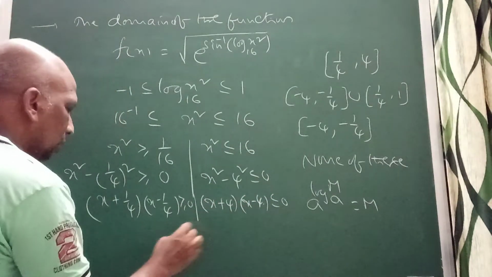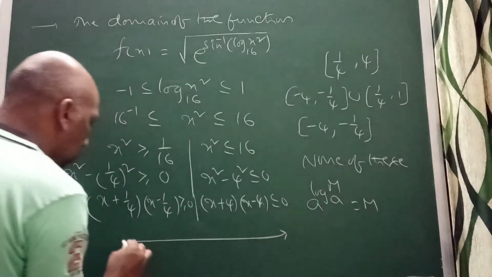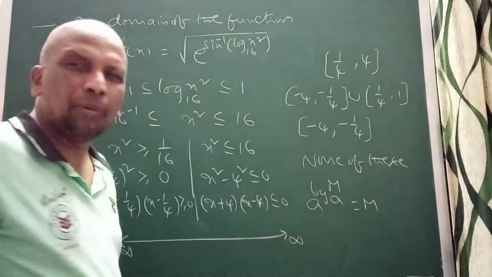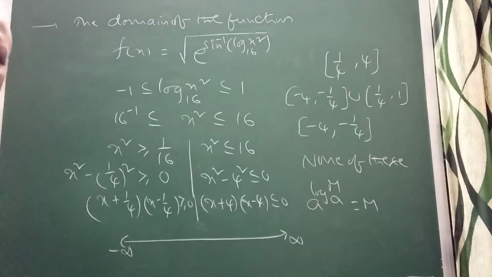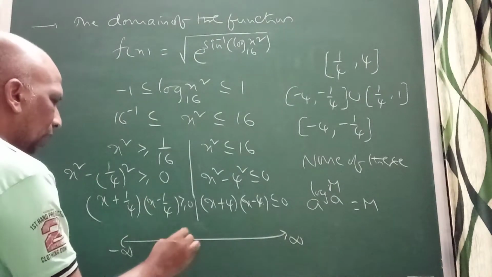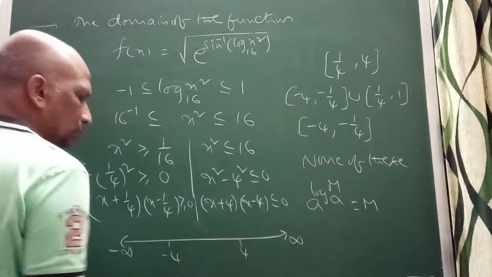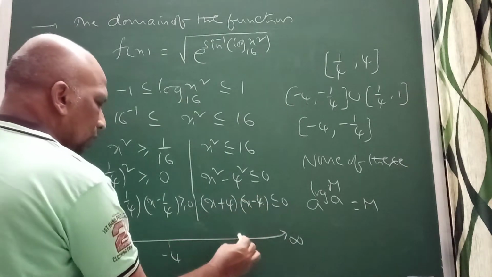I will combine. If I combine this solution, you can think of the other real solution. This is a simple thing now. So you take 4 and minus 4, between, including these values, right?